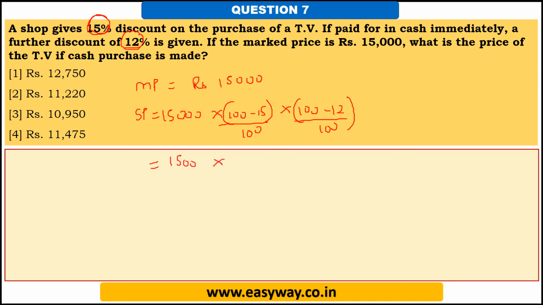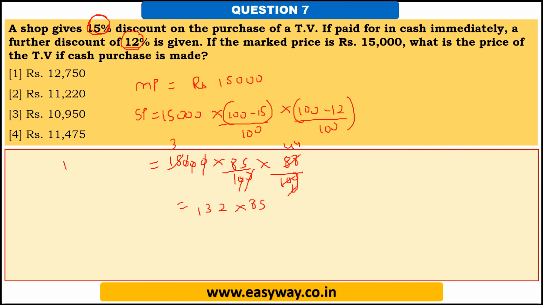15,000, 100 minus 15 is 85 upon 100, into 100 minus 12 is 88 upon 100. These three zeros are gone. This will be 3s, 2s, 1s, 44s. Now 4 threes are 12, 4 threes are 12, 132 into 85.